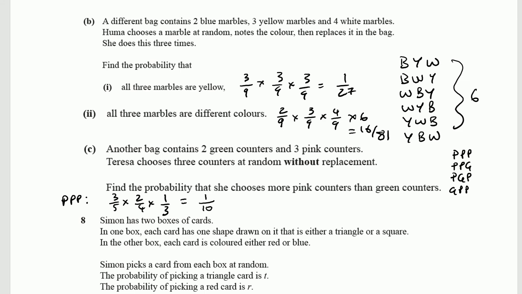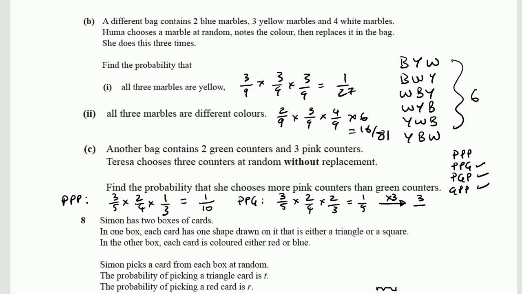Now let's look at pink, pink, green. 3/5 for getting a pink, times 2/4 for getting a pink, times 2/3 for getting a green. Now that's all going to come out as 1/5. So that's one of these possibilities, but if I times it by 3, I'm going to get the others included in there as well.